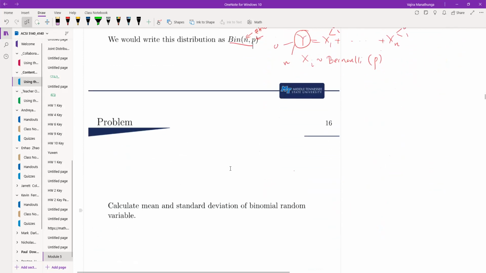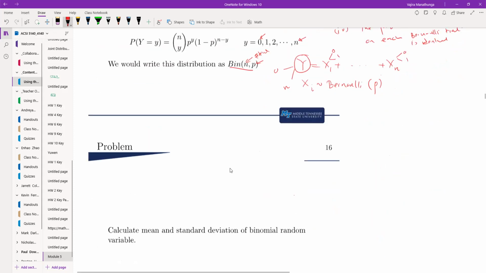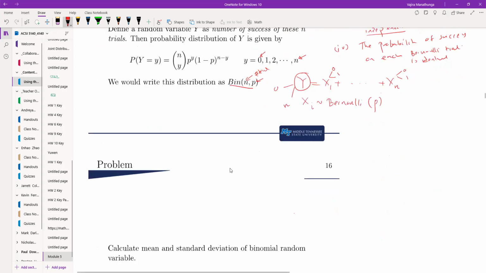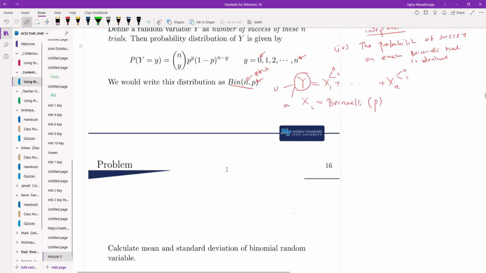Next, we would like to calculate the mean and standard deviation of the binomial random variable. One method you can use is those conditions: mutually independent and identical Bernoulli trials. So I can write this as a sum, and then the expected value, since they are independent and identically distributed, is going to be n times the expected value of one trial, which is p.